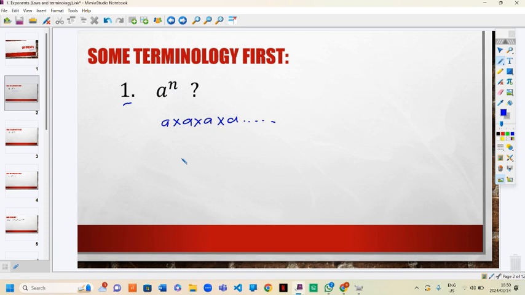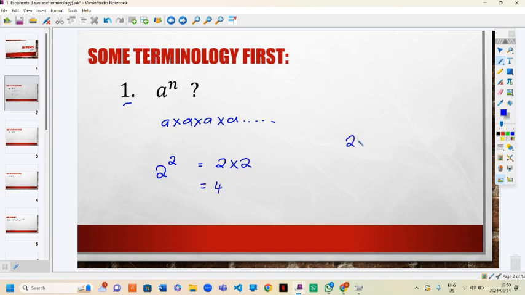So let's take a better example. Let's say 2 to the power of 2. That basically just means that 2 is multiplying with itself twice, which is 4.